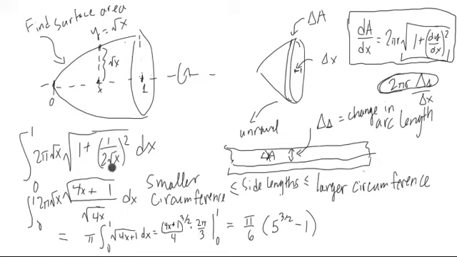Squaring that gives 1 over 4x. So it's 1 plus 1 over 4x. Upon adding fractions, the 1 can be thought of as 4x over 4x, and you have a 4x in the denominator.